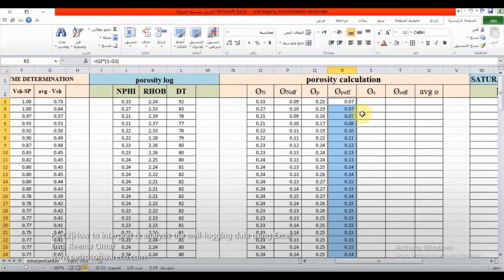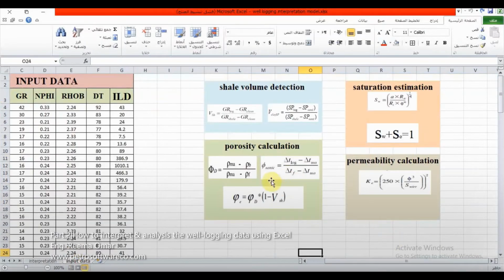After that, we'll calculate the porosity from the sonic log. For the porosity from sonic, use this equation. You need delta T log at specific depth, delta T matrix, and delta T fluid.